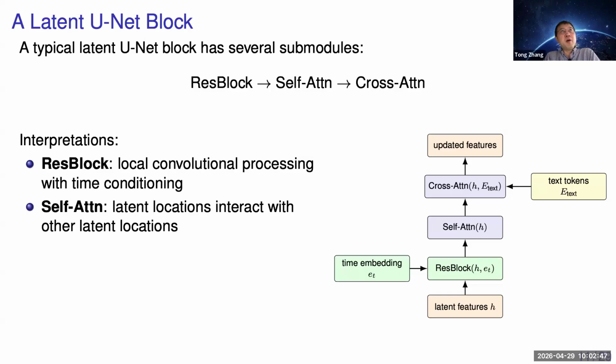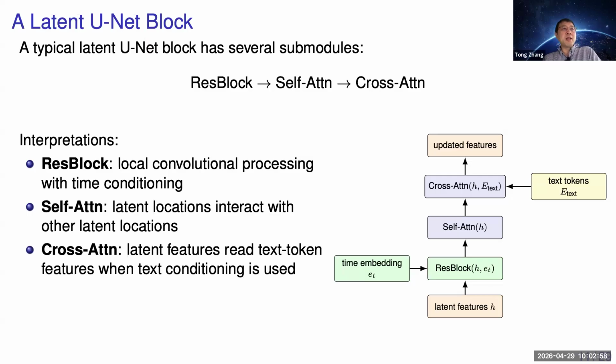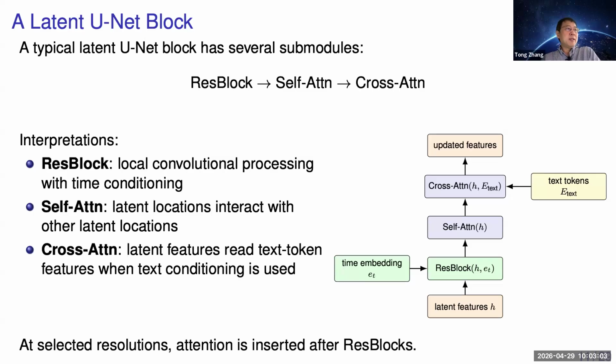Self-attention makes it a little bit more global. Usually CNNs don't have strong global information, but self-attention can get you there. Cross-attention is mainly for the text tokens. So basically, this is how it works. And this is for some of the blocks.